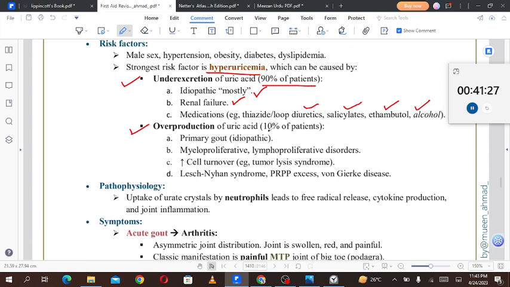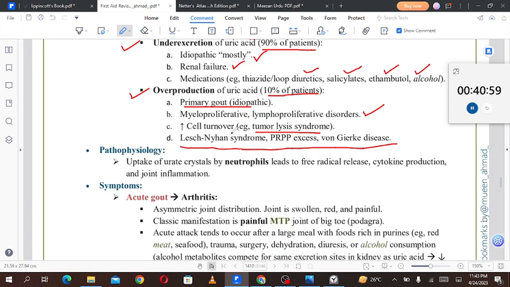Overproduction of uric acid, in 10% of patients, can be primary gout, which is idiopathic; myeloproliferative or lymphoproliferative disorders, with so much proliferation and lysis of tumor cells that excessive uric acid is produced; or high cell turnover, for example tumor lysis syndrome after chemotherapy, Lesch-Nyhan syndrome, PRPP excess, or von Gierke disease.